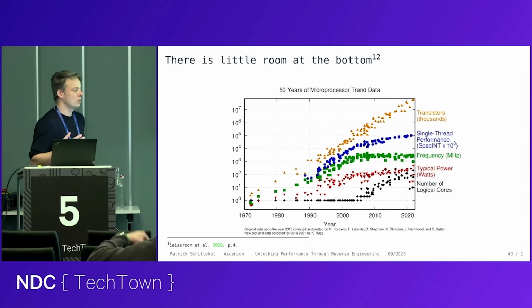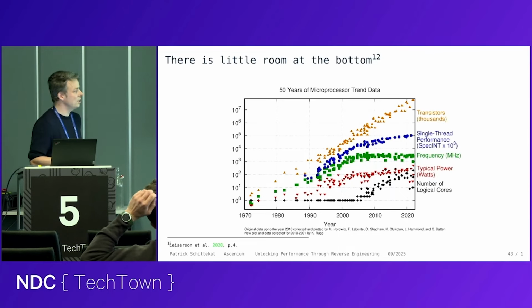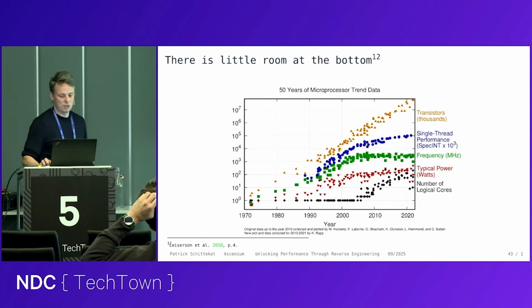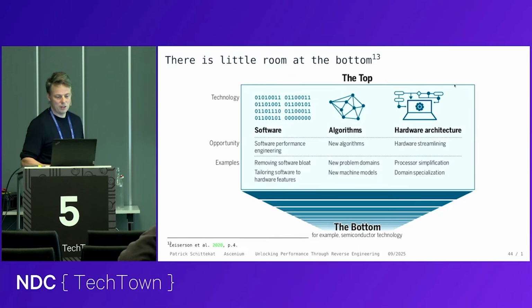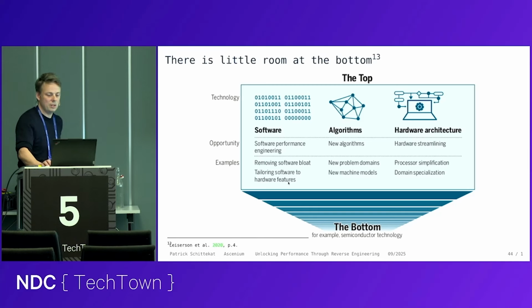That means we need to get to know our hardware more intimately and really go into software engineering where we know more about the hardware. If we want to improve performance of our workloads, there has been too little focus on that in recent years. So where there is still some room to improve is tailoring software to these hardware features.